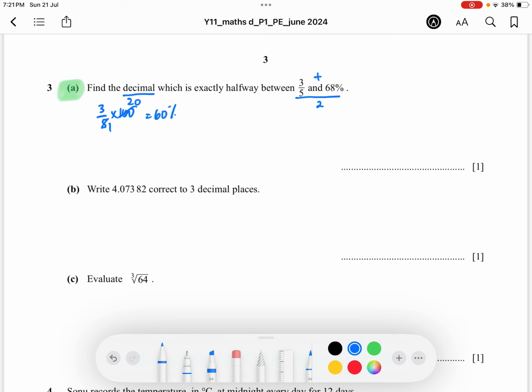That gives me 60%. That means I add 60% and 68% and divide by 2. That gives me 128% divided by 2, which in turn gives me 64%, and changing 64% into decimal would be 0.64.